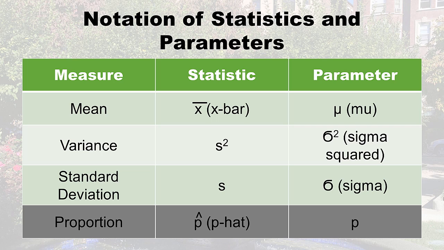For the parameter, it's that lowercase sigma symbol, and it's that to the second when it's variance, and it's just without the exponent when it's the regular parameter of standard deviation, right? And you're used to seeing these on the slides. This is just review. Also, it's mentioned in the book, proportion is p hat, and then the parameter is p. But I don't really go into that. I just wanted to do a little shout out to it.